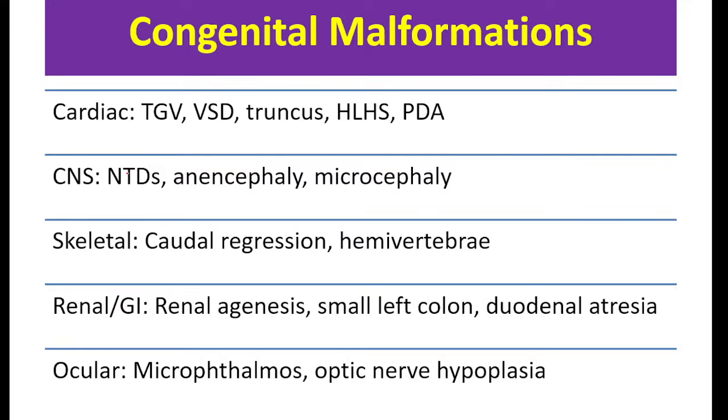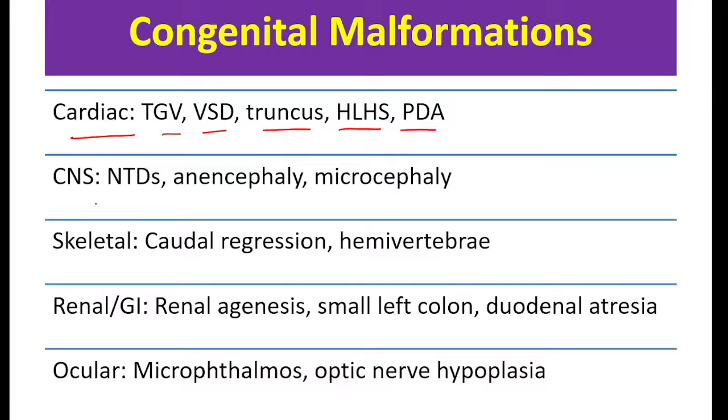Here we see specific congenital malformations pertinent to specific organ systems associated with infant of diabetic mother. If I talk about the cardiac malformations, these newborns can have transposition of great vessels, VSD, truncus arteriosus, hypoplastic left heart syndrome, or PDA.